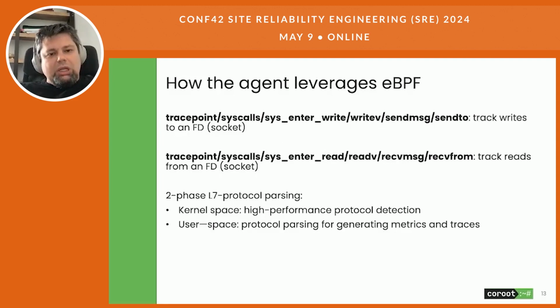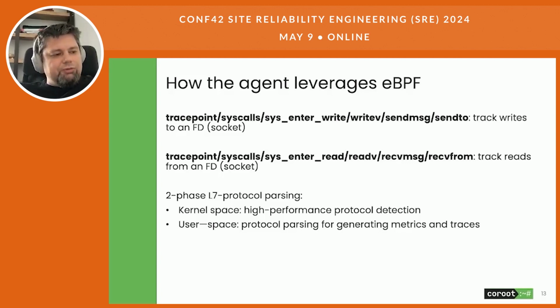And the last one is tracepoints that allow us to capture application level communications. The agent tracks that some process writes something to a file descriptor. Usually it's a socket, and we can capture the payload of such communications, and we can detect and parse application level protocols within such connections.